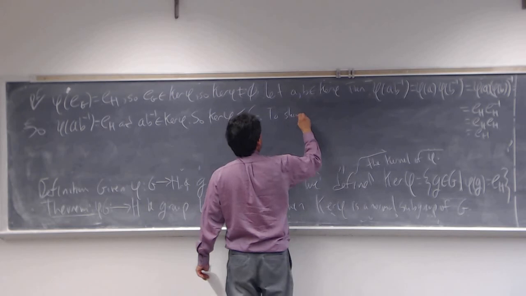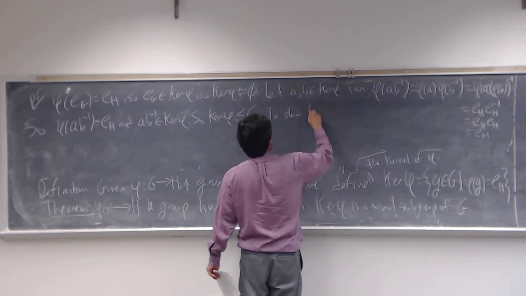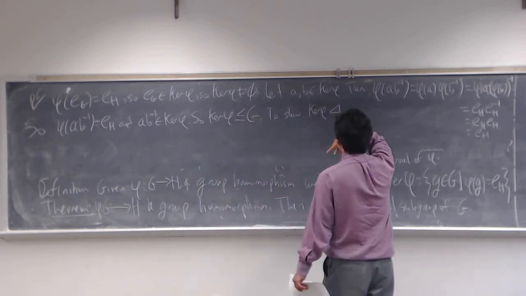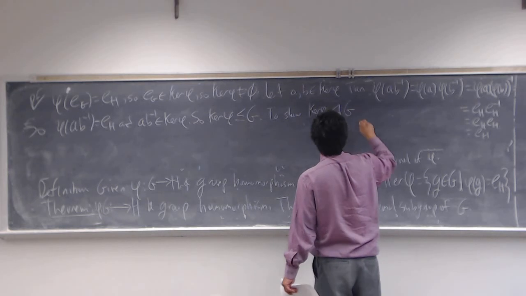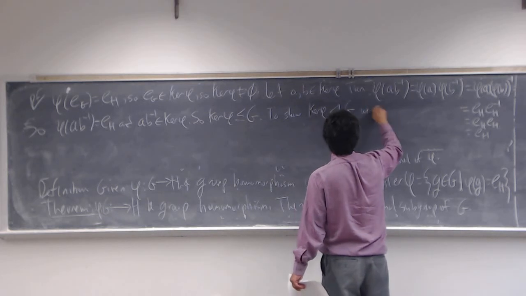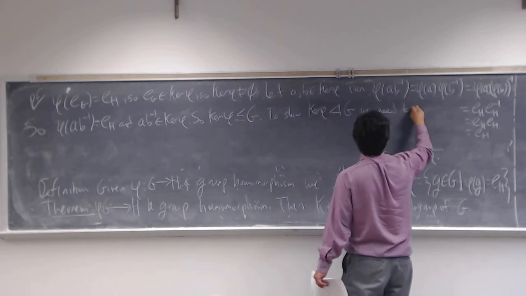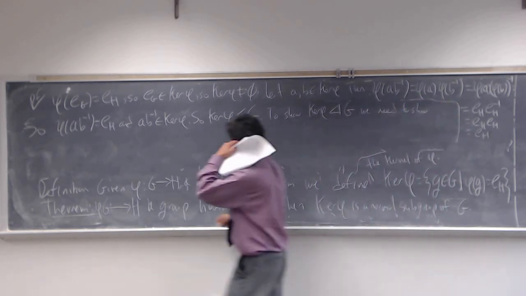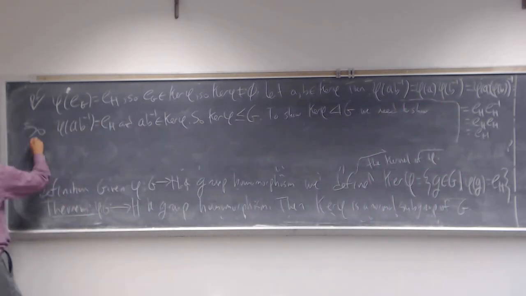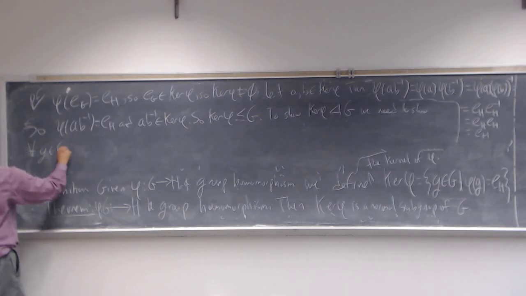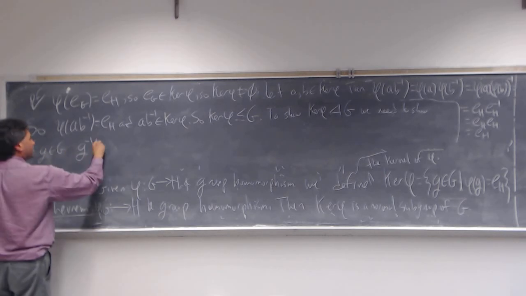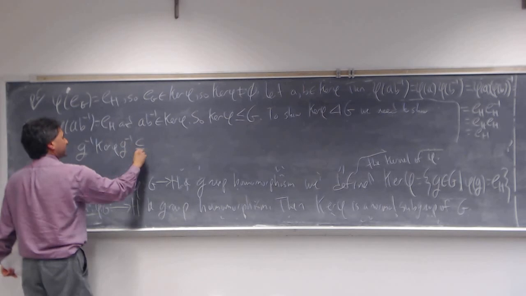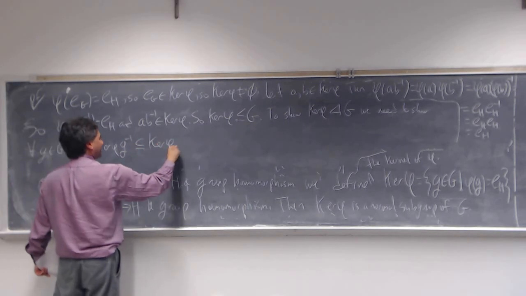To show this is a normal subgroup, so that's what that triangle means, we need to show that for all g in G, g times the kernel of phi times g inverse is a subset of the kernel of phi.